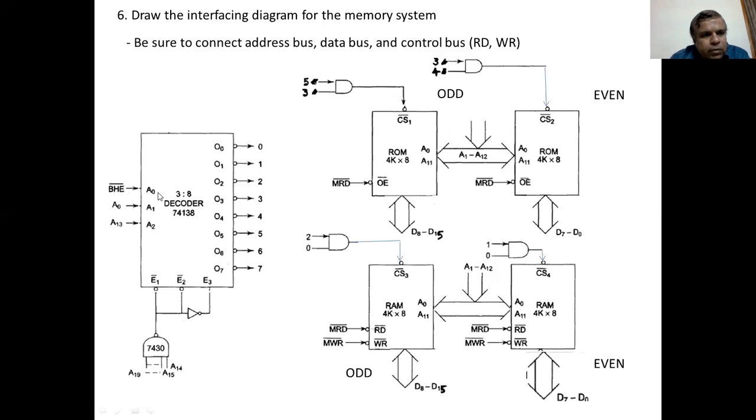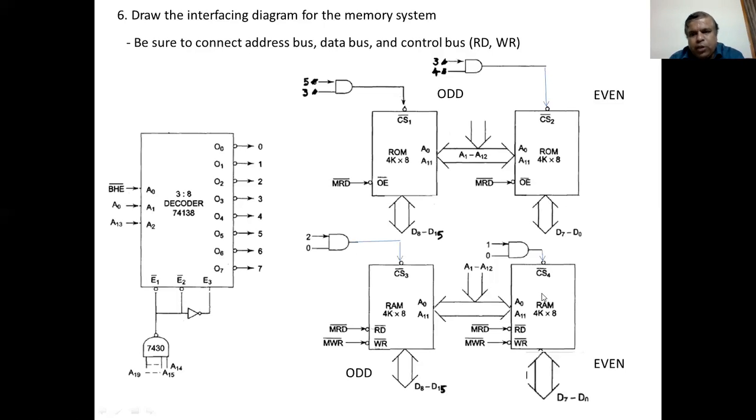Then when the select inputs A0 to A2 are 0, 0, 1, then the second output pin will be low, and this output pin 1 is connected to where? Then only even addresses in RAM are selected.